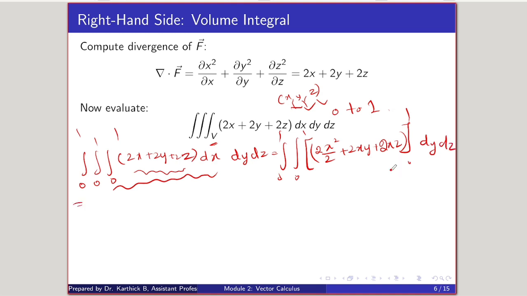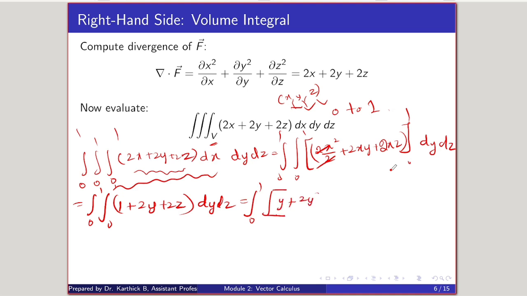In the next step, on substituting the limits, the 2 will get cancelled, and we get x square, which after substituting the limits gives 1 plus 2y plus 2z, because we have to substitute the limits for x alone. In the next step, we integrate with respect to y. So it will be y plus 2y square by 2 plus 2yz, substituting the limit 0 to 1, dz.